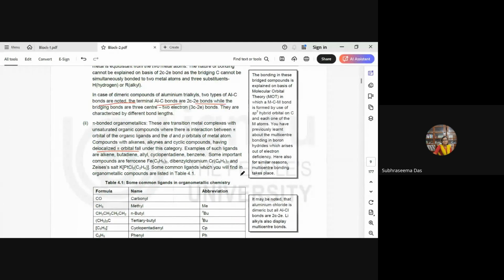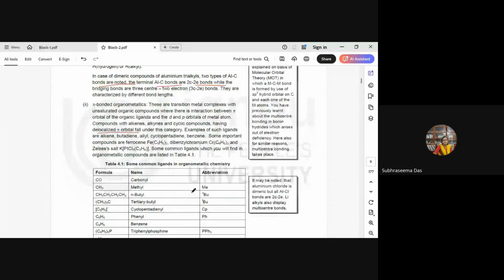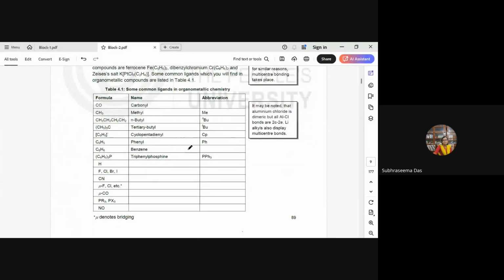Some common ligands in organometallic chemistry have been shown here in table 4.1. CO is the formula, and it is not carbon dioxide, but carbonyl. CH3 is methyl. This is n-butyl. C(CH3)3 is tertiary butyl. When we have C5H5 minus, it is abbreviated as Cp, the short form for cyclopentadienyl.